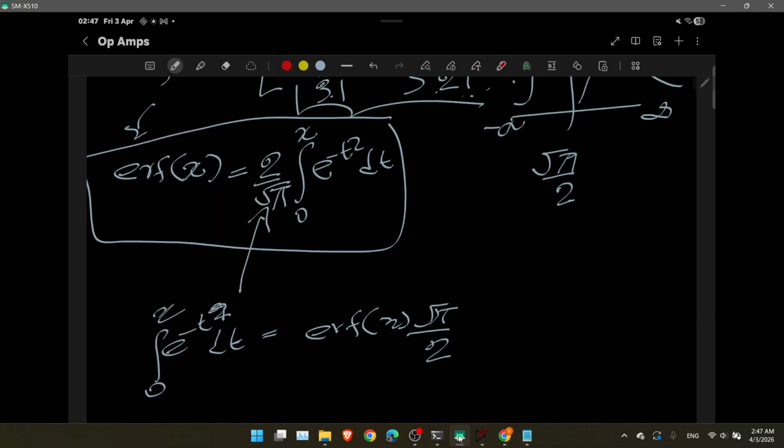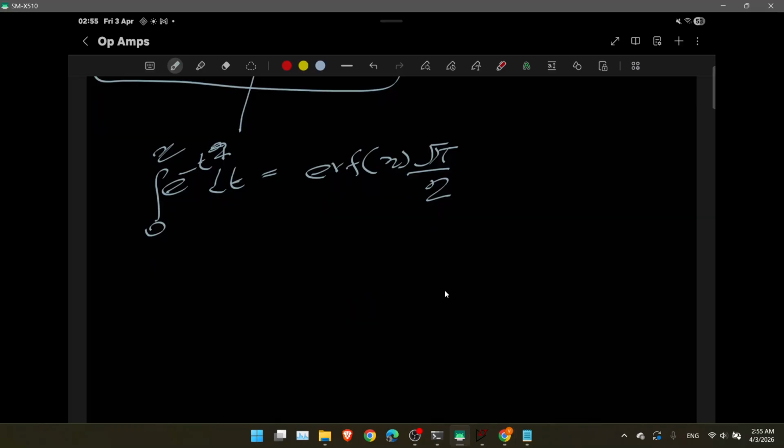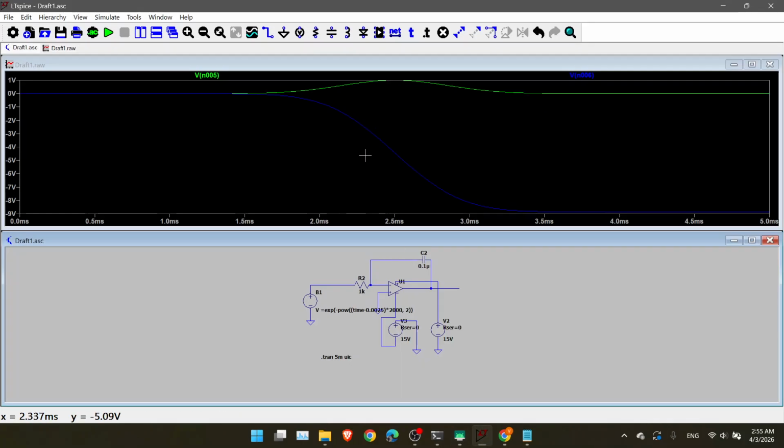What I have here is the definition of the ERF function. If you really want to dive into our simulation plot, you can see the bell curve here, and you get a nice curve.